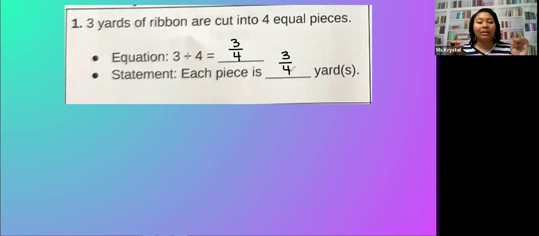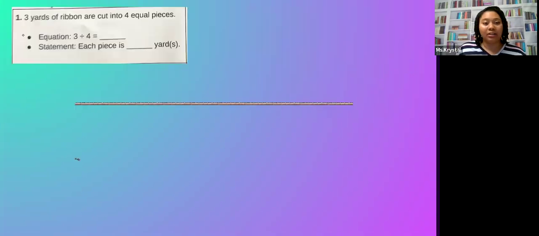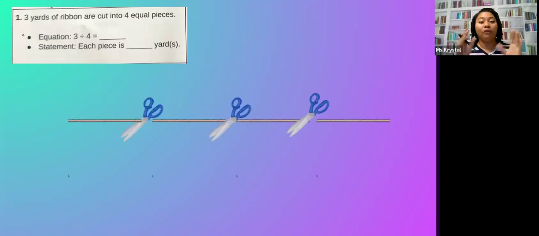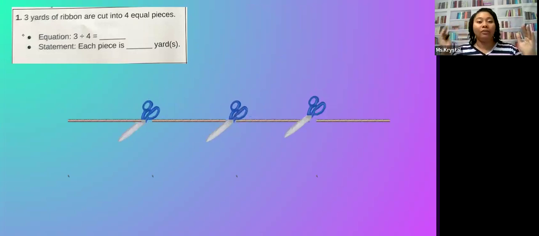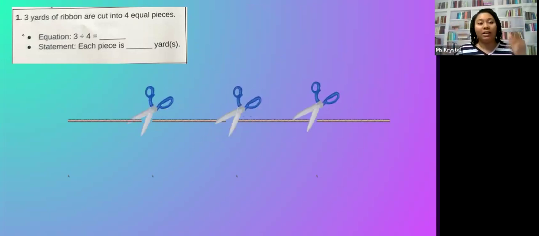I will say it's kind of easy to overthink these problems, but try to just think almost like draw a picture in your head. I will draw a picture any chance that I can because it just kind of helps me out. So look at this picture. Imagine that's 3 yards. You cut that up into 4 equal pieces. 3 out of 4 equal pieces.